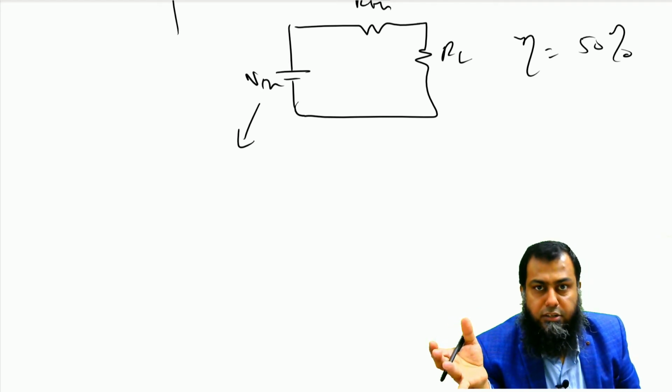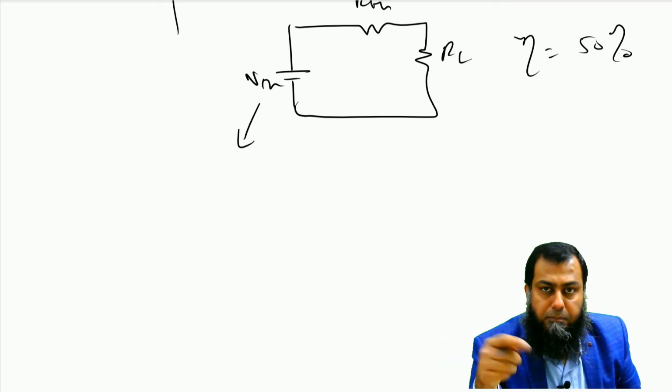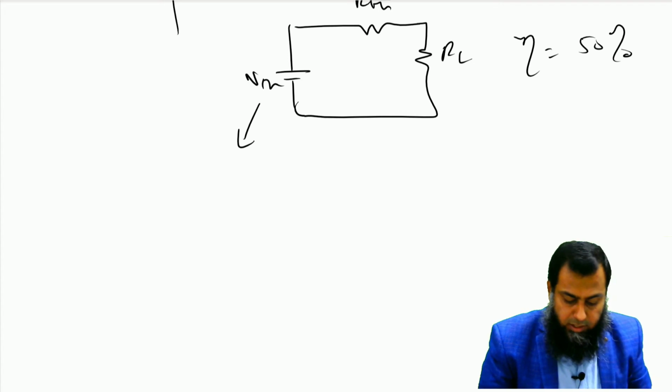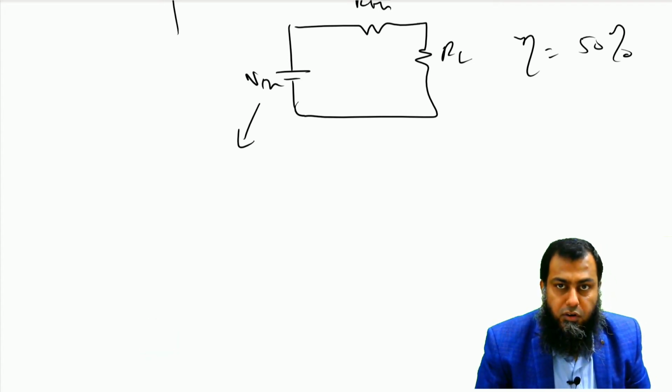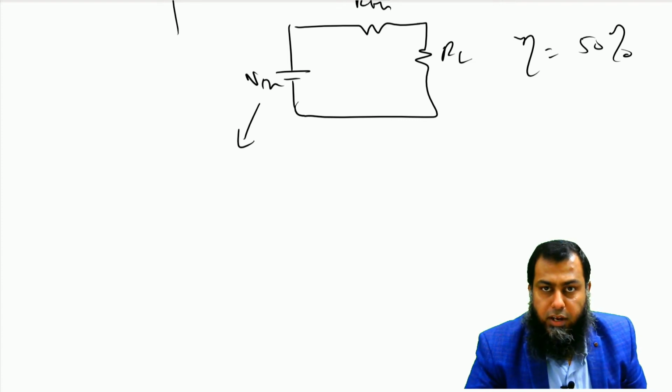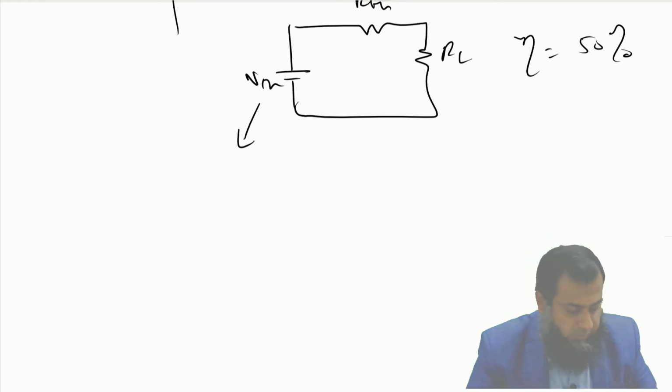So in a nutshell, this maximum power transfer theorem encompasses all the areas of learning that we have seen so far. So if you practice this question, you will be able to identify what we have learned so far, and that gives you practice of all the other material as well.